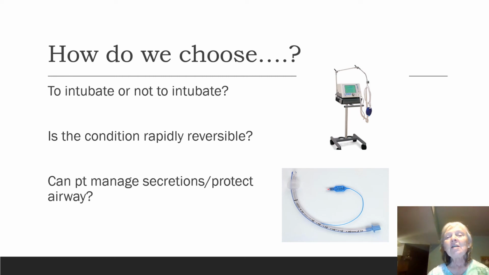So the question is, if you want to paraphrase Shakespeare, to intubate or not to intubate? And remember, a rose is a rose by any other name. In this case, an ET tube is an ET tube by any other name. So do we want to do that, or do we want to do something else?